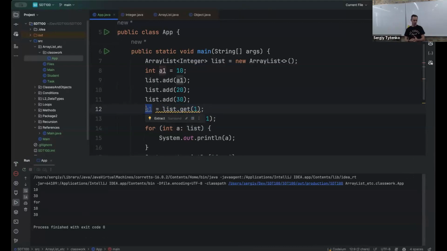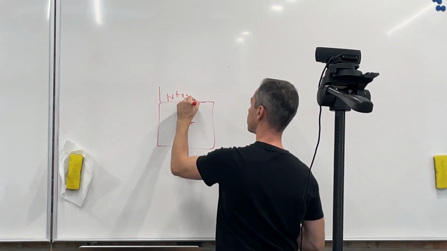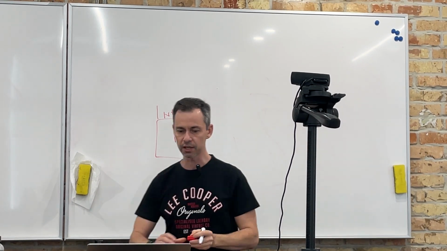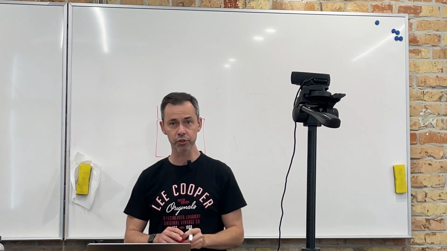In Java, it is called autoboxing and unboxing. So here we have autoboxing. So we have a box. This is an int value, but it is boxed with the Integer class. So here we have autoboxing. We automatically create an Integer object here.